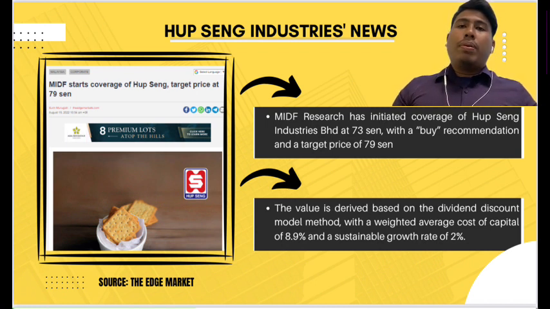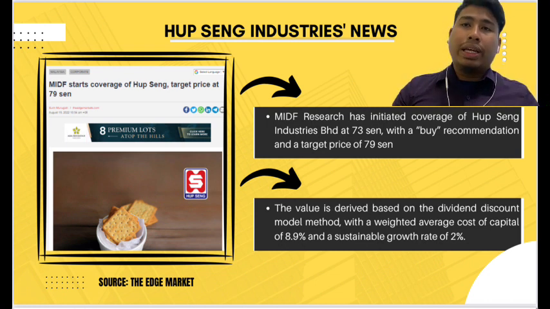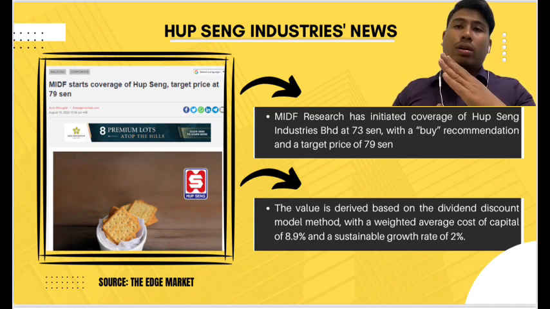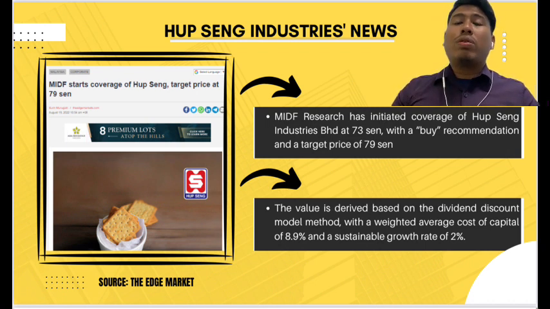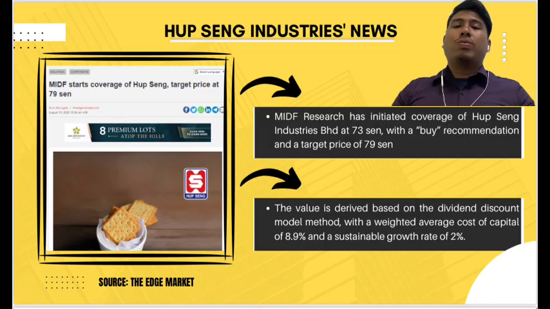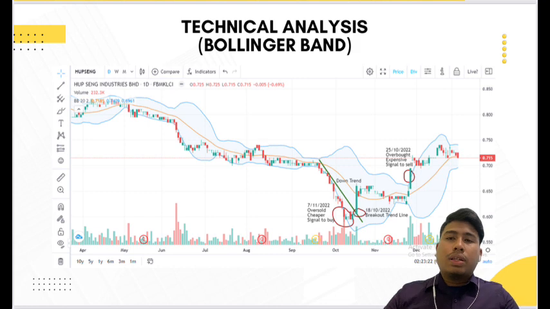It stated that MIDF Research has initiated coverage of Hafsing Industry at 0.73 ringgit with a buy recommendation, and the target price will go higher, which is 0.79 ringgit, and the value is derived based on the dividend discount model, with a weighted average cost of capital of 8.9% and a growth rate of 2%, which is good.